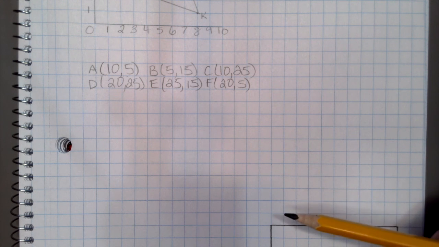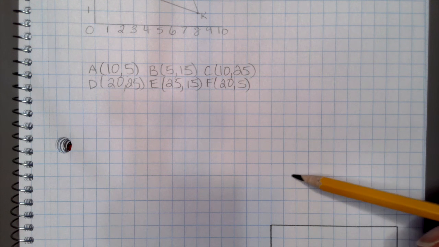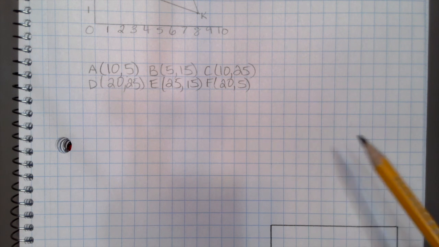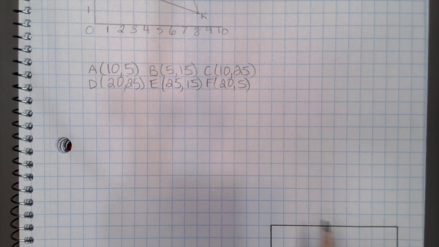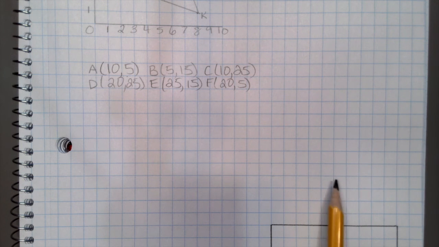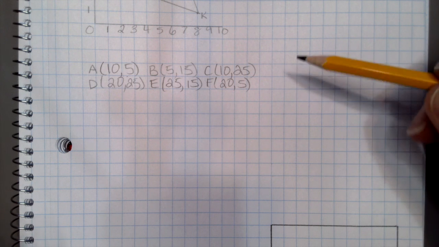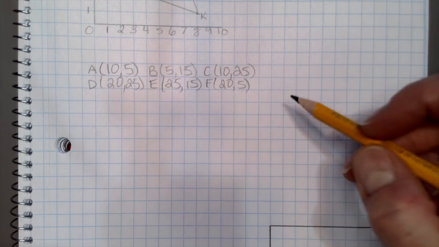We're going to start at 0 at the origin, and each square represents 5 units. So I need to make sure that I have a space that can go 6 in one direction and 6 in the other direction. So that's actually going to be a pretty small graph, but we can do this.